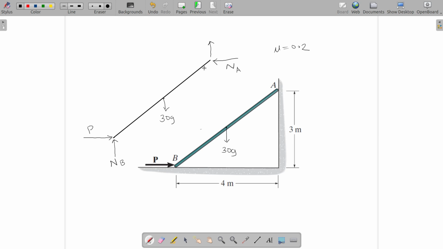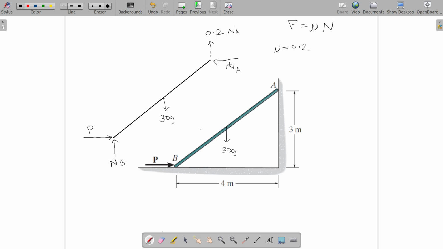So the frictional force upwards will prevent the rod from sliding down, and hence that's the frictional force we would like to have, and its value will be 0.2 multiplied by NA, because frictional force is always mu multiplied by normal force. So that's all. Here there is no friction.